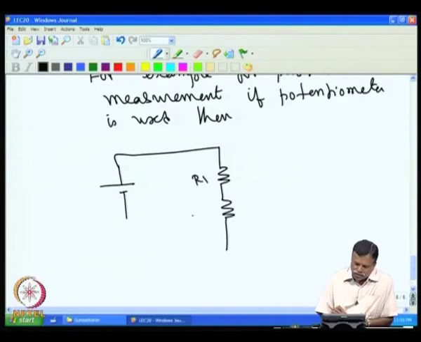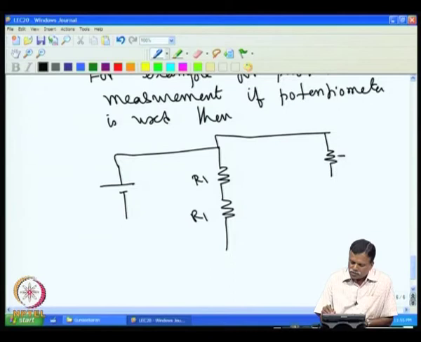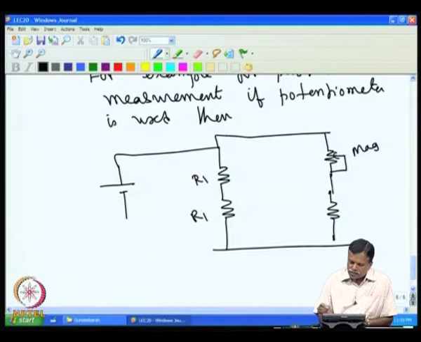R1 and R1 are manganin resistances of equal value. Then I put the potentiometer, whose value changes depending on the position. This also I make of manganin wire. Then I have another resistance, which is again a potentiometer, again a manganin resistance, put here. Now the galvanometer is put here.